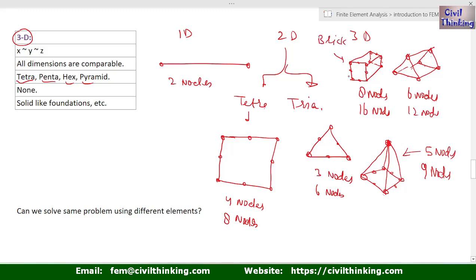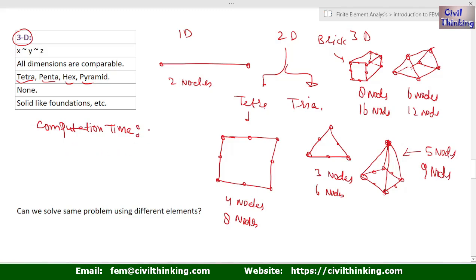Do I have to say anything more about this? Yes, computation time. Now let's talk about computation time.